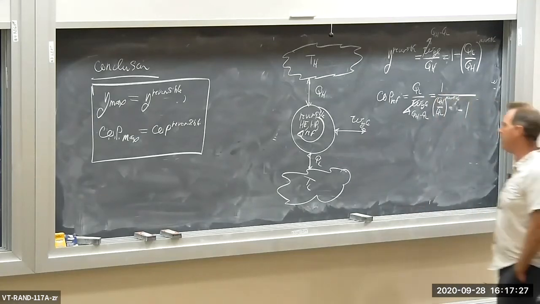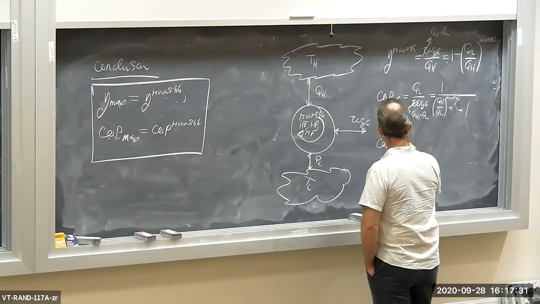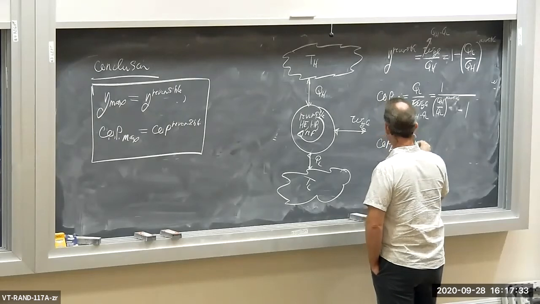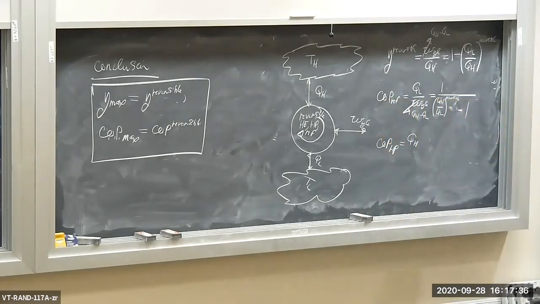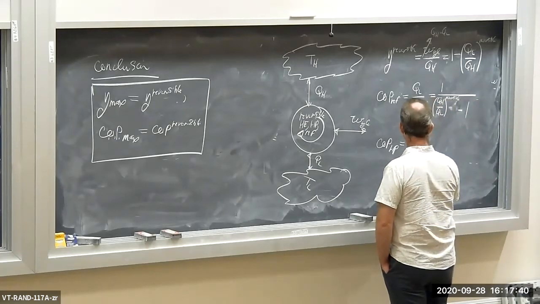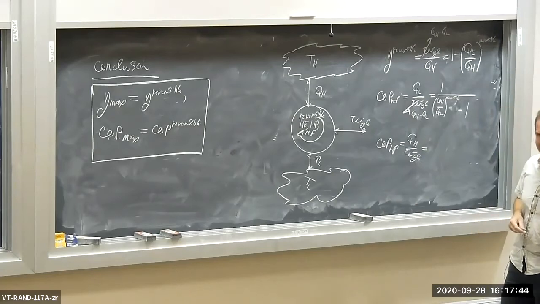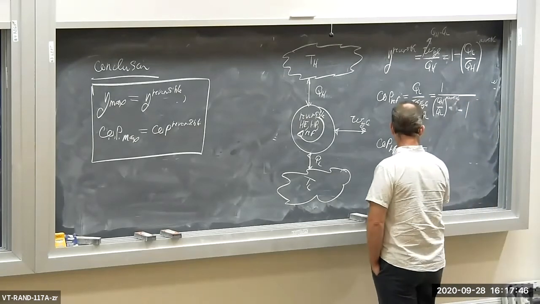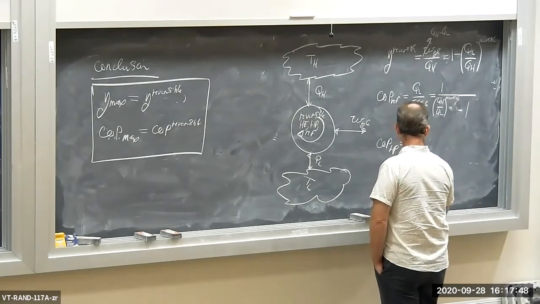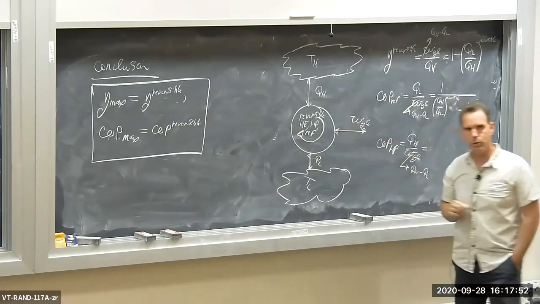What about for the heat pump? Heat pump, the idea is how much heat is being rejected to the high temperature reservoir. And of course, the cost is the work over the cycle. The work over the cycle is Q high minus QL. Again, surround this with a control volume.